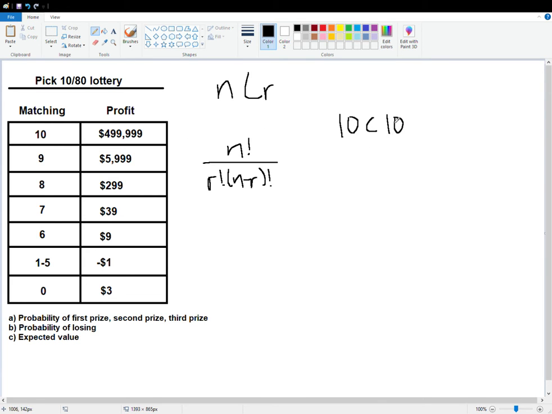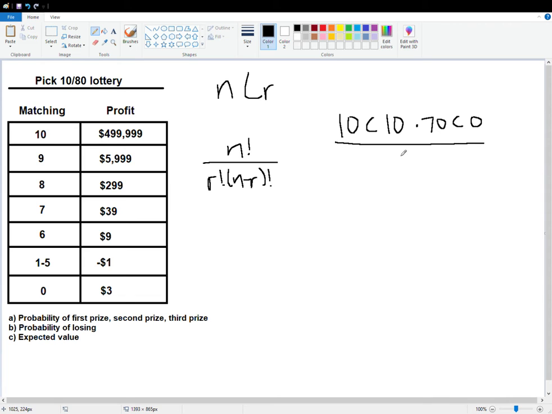We multiply by 70 losing numbers, because there are 80 total numbers, and we're choosing how many of those to lose. We want 0, because we want 10 winning numbers, and we only have 10 numbers that we are picking.